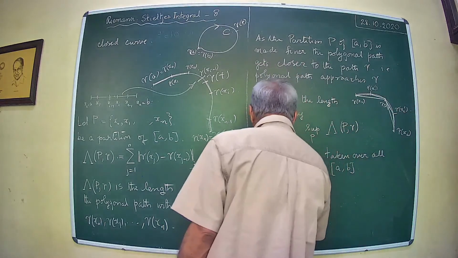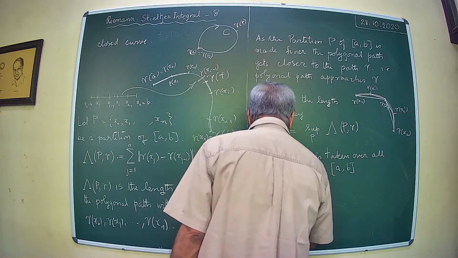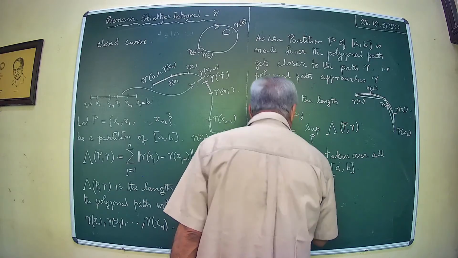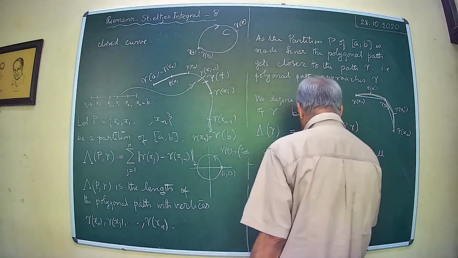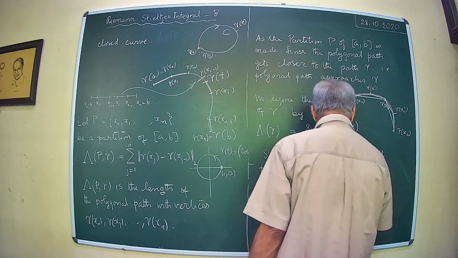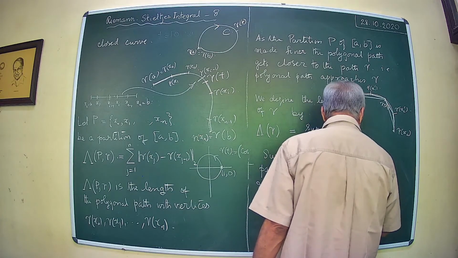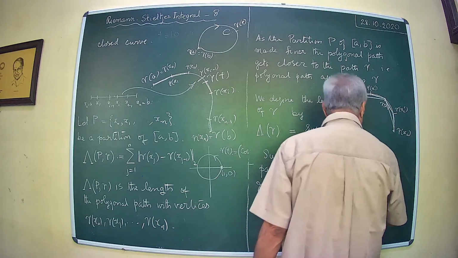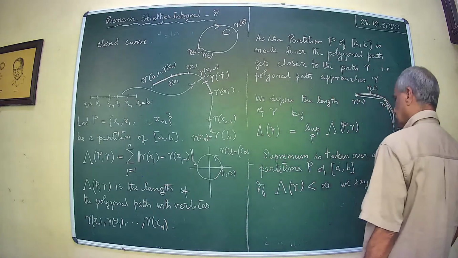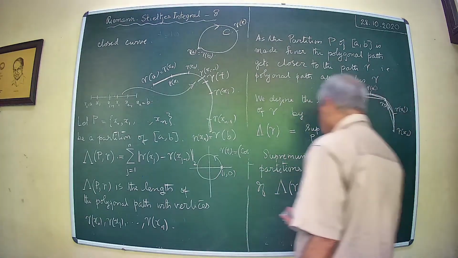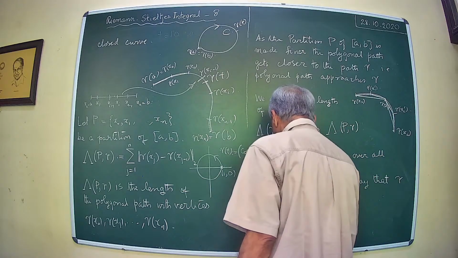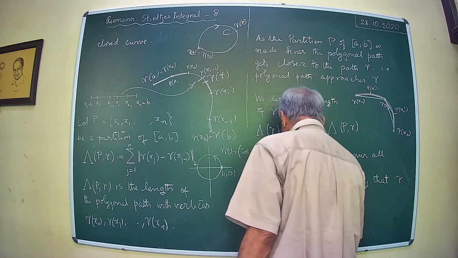Now if lambda gamma is finite, we say that gamma is rectifiable.